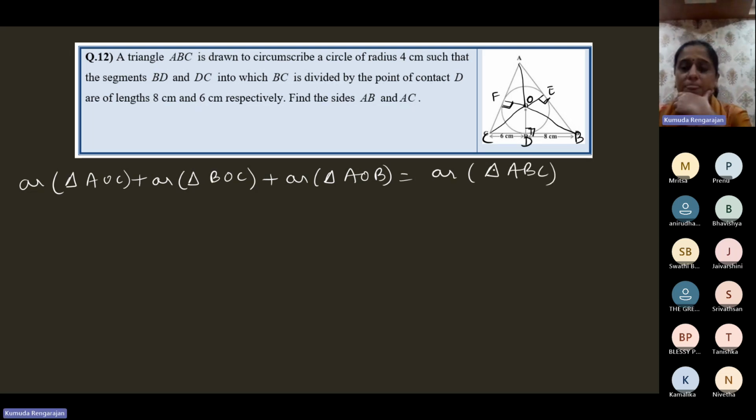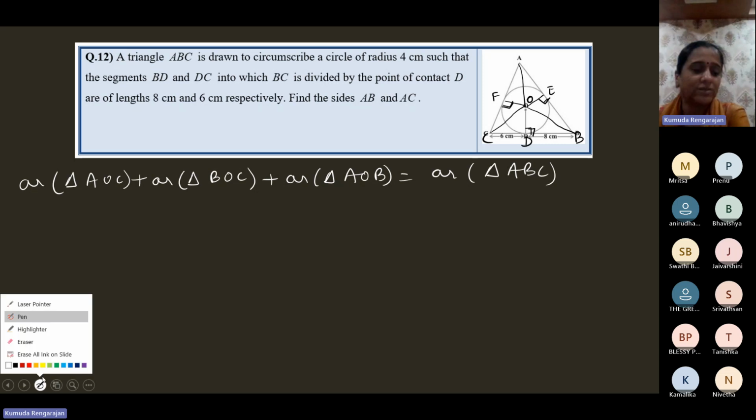Here O is the center of the circle. So working with this equation, you will get the answer. That's all it is. The sum of the areas of the three small triangles is equal to the area of the whole triangle ABC.